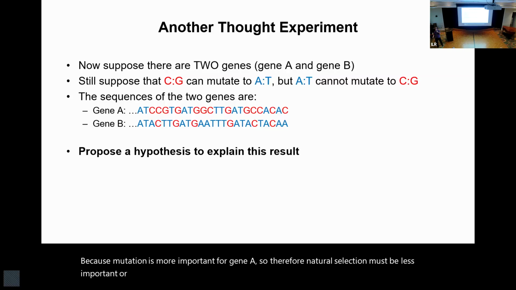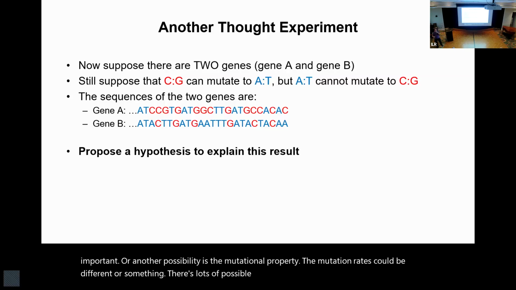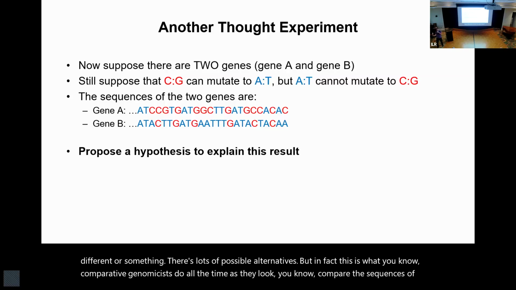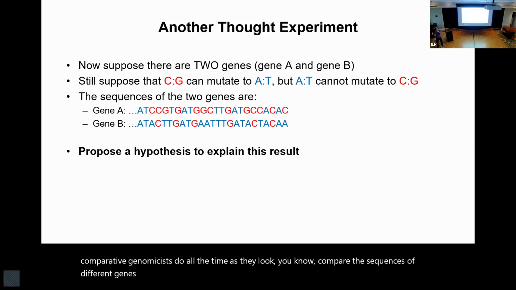Or another possibility is the mutation rates could be different. There are lots of possible alternatives, but this is what comparative genomicists do all the time: they compare the sequences of different genes and see that some genes are more constrained by natural selection and some genes are less constrained.